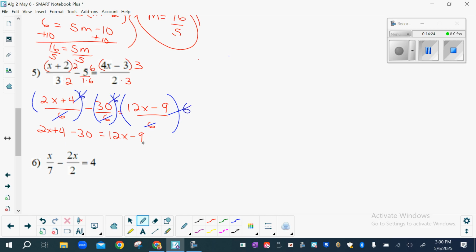And then, equals 12x minus 9. And then what next? Good. Push that over here.